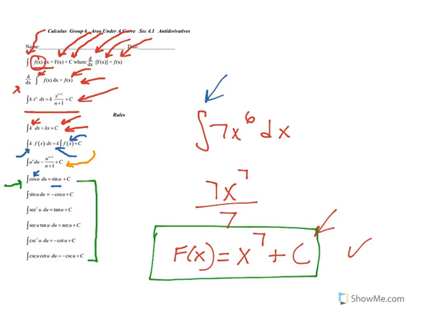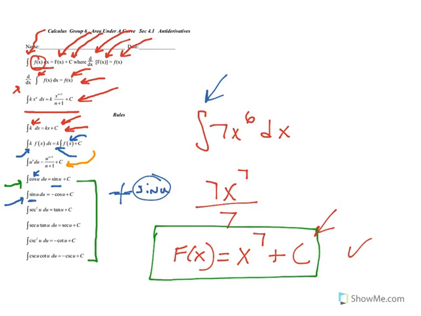And the antiderivative of sine should be negative cosine, because if you take the derivative of cosine, you get negative sine. So if you're going to get negative sine, you need that extra negative to turn it positive so that it matches up with what you had.